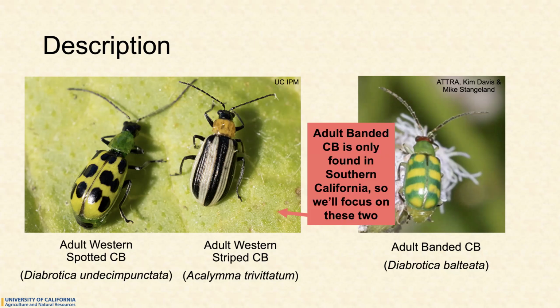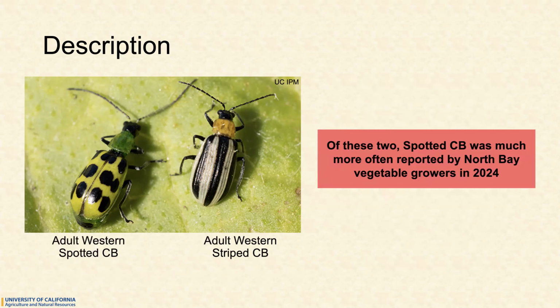But the adult banded cucumber beetle on the far right is only really found in Southern California, and we're up here in the North Bay area where I'm based. So for the sake of meeting the needs of my farmers in my region, I'm really just going to focus on these 2 cucumber beetles on the left-hand side, the adult western spotted cucumber beetle and the western striped.